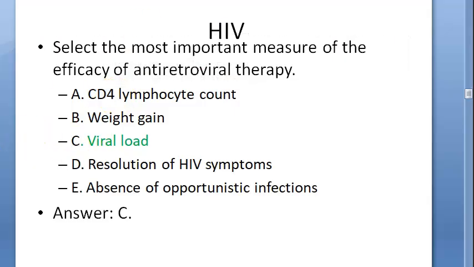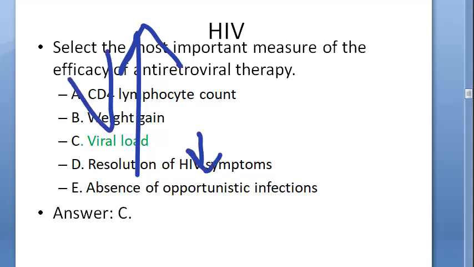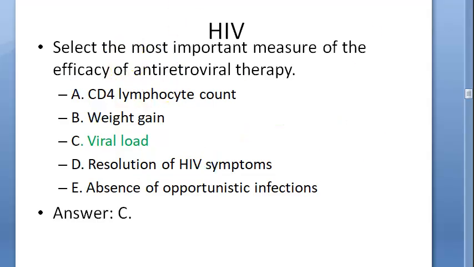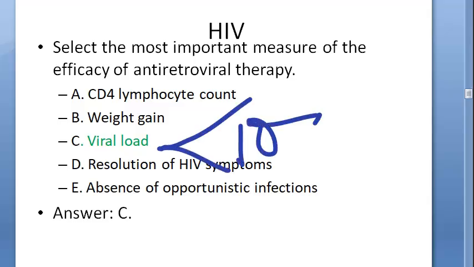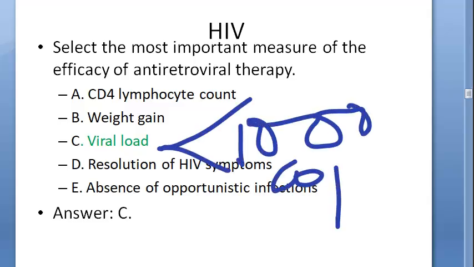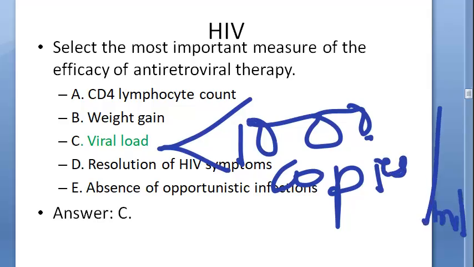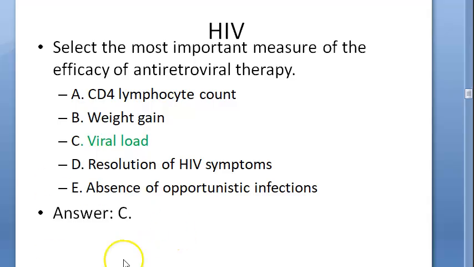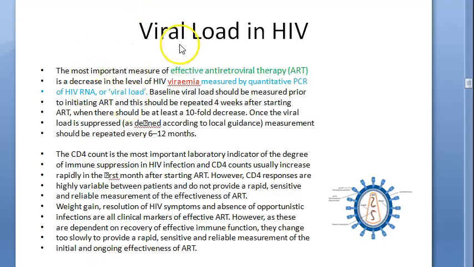So if viral load is more, CD4 will be less. Virus itself is so high, CD4 definitely will be low. So our viral load should be less. How less? Less than 1000 copies per ml in HIV. You should write that. So we are telling you specifics.